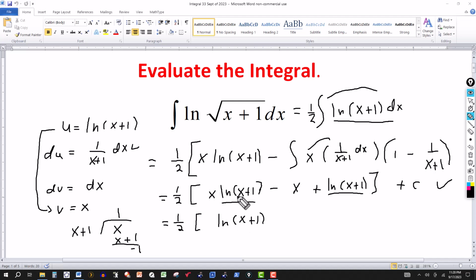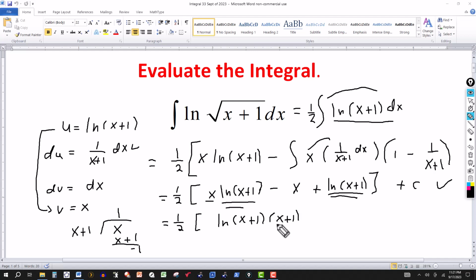If I take out the ln of x plus 1, I still have an x here, and I take out the other one, ln of x plus 1, I get a 1. So if I factor that out, what do I have left here? There, x plus 1, because I factored out the ln of x plus 1. And then this is multiplied by the x plus 1. So I'm going to write this as x plus 1.